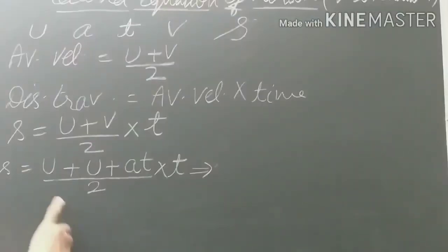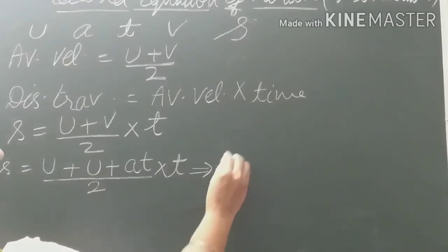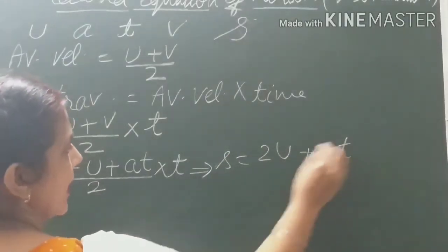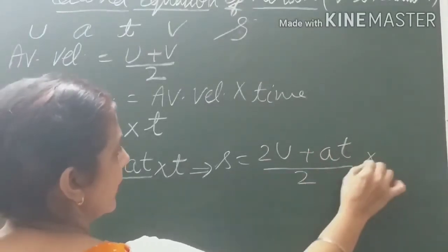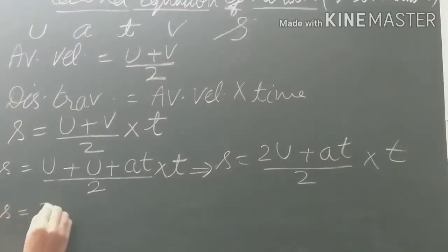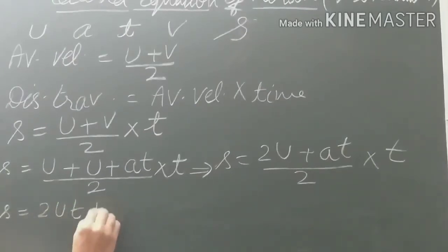Now on solving this further, we will get s is equal to 2u plus at upon 2 into t. अब जब हम t को मल्टीप्लाई करते हैं with 2u plus at upon 2, what we will get? s is equal to 2ut plus at square upon 2.